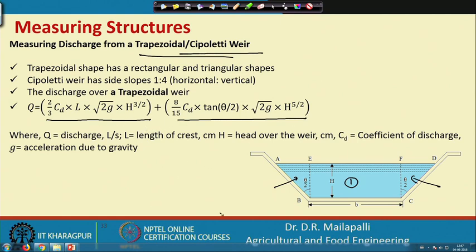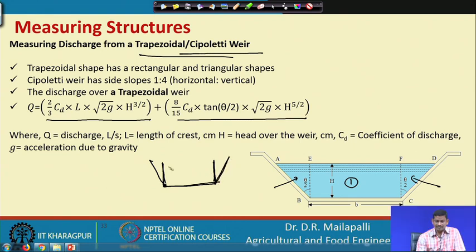Why is this Cipolletti weir important? In a rectangular weir, as I said, the main problem is that because of the end contractions, the discharge is going to be decreased. In order to avoid that, in order to increase the discharge without any effect from these contractions, if you have triangular openings, then the discharge will increase.